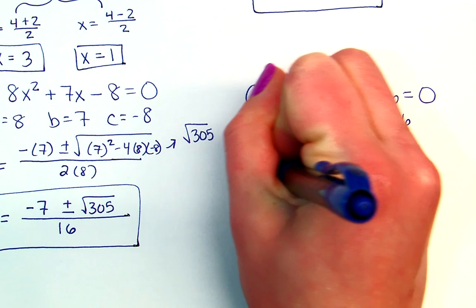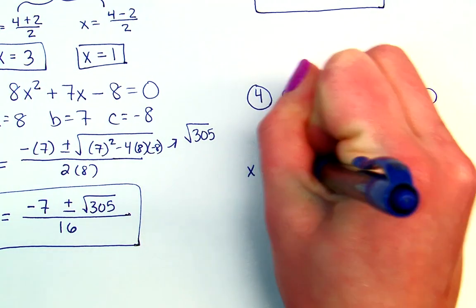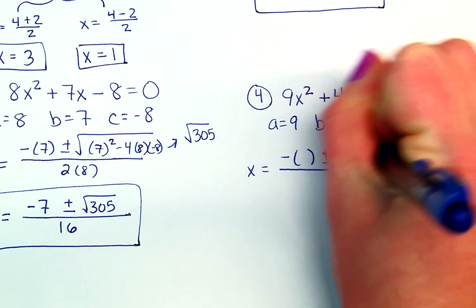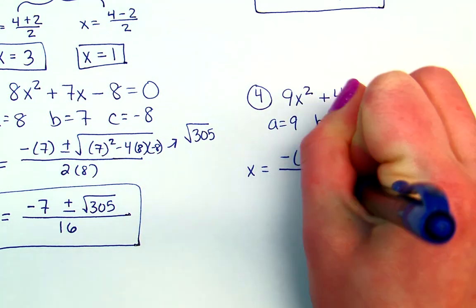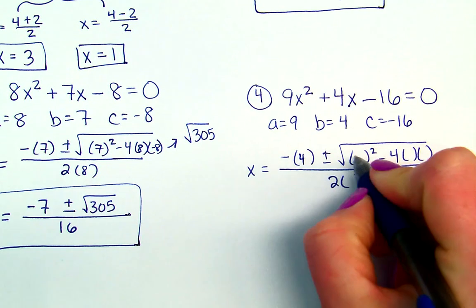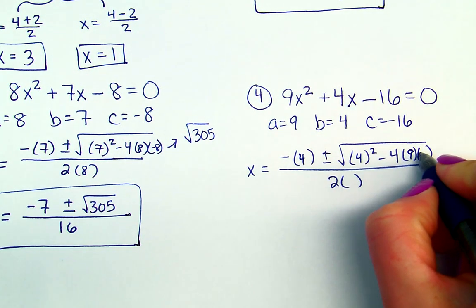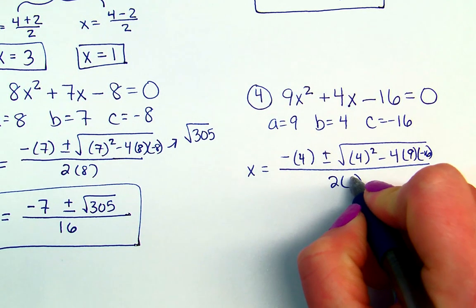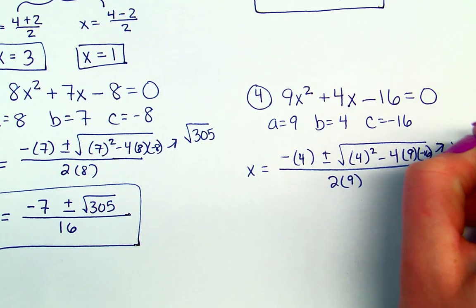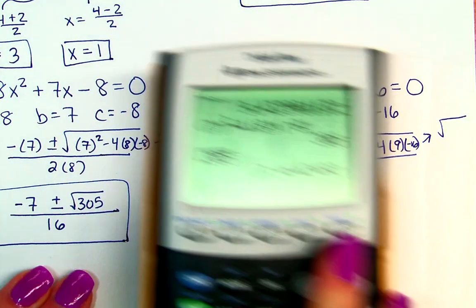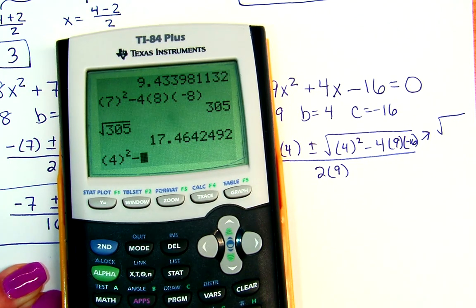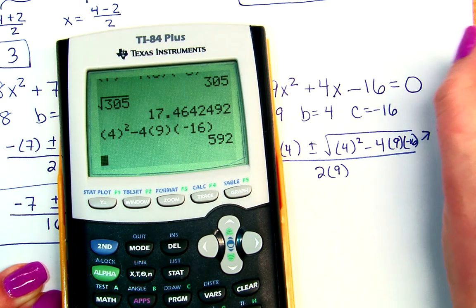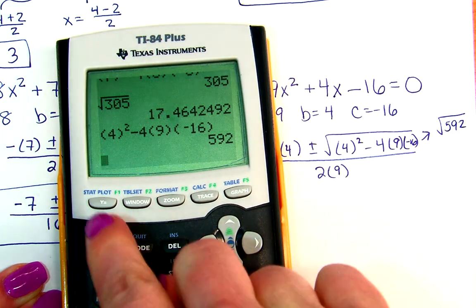So for number 4, A is 9, B is a positive 4, C is a negative 16. Set up your fraction with the quadratic formula. And plug in. So B is 4, 4, 9, negative 16, all over 9. Pull the radical off to the side. So evaluating what's under the radical, 4 squared minus 4 times 9 times negative 16 is 592.